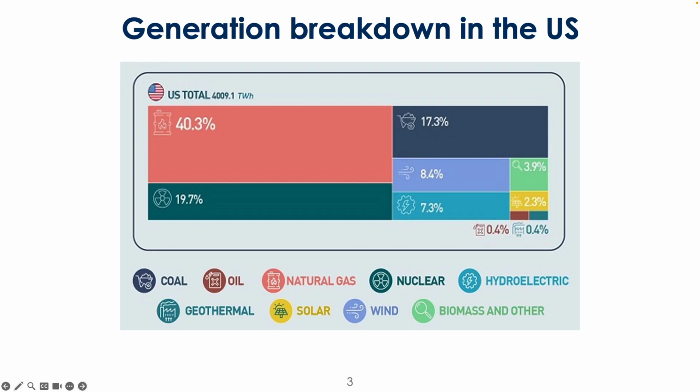As we talked about, there are lots of different types of generators throughout the country. This is our rough breakdown. Just to give everyone a rough sense, this is not by capacity, but by power generation.